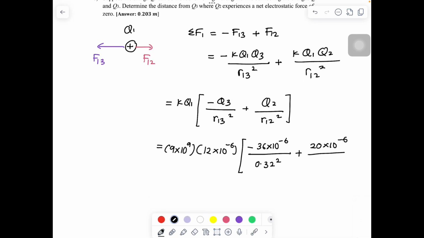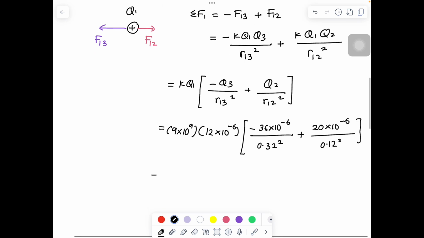And then divided by the distance between 1 and 2, which is 0.12 square. And then tekanlah calculator dan kamu akan dapat positive 112.03 Newton. So positive indicate that the direction is to the right.